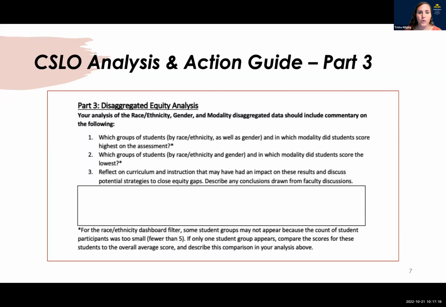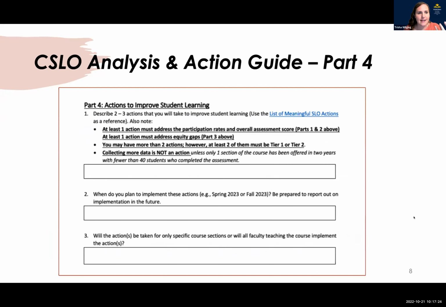And I know next week we're going to focus more on action and closing the loop. But I wanted to let you all know that within this analysis and action guide worksheet, because analysis and action are so inextricably related, right? We ask faculty to take action, to determine and settle on action to improve student learning as a group, right?